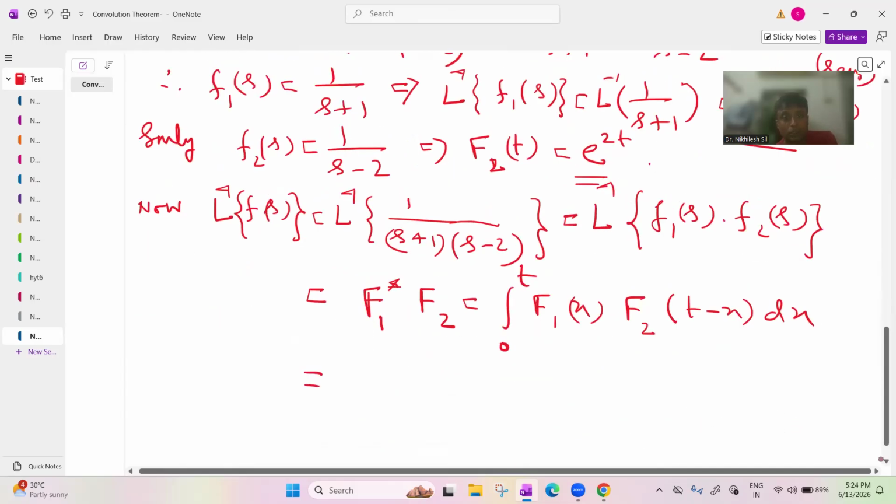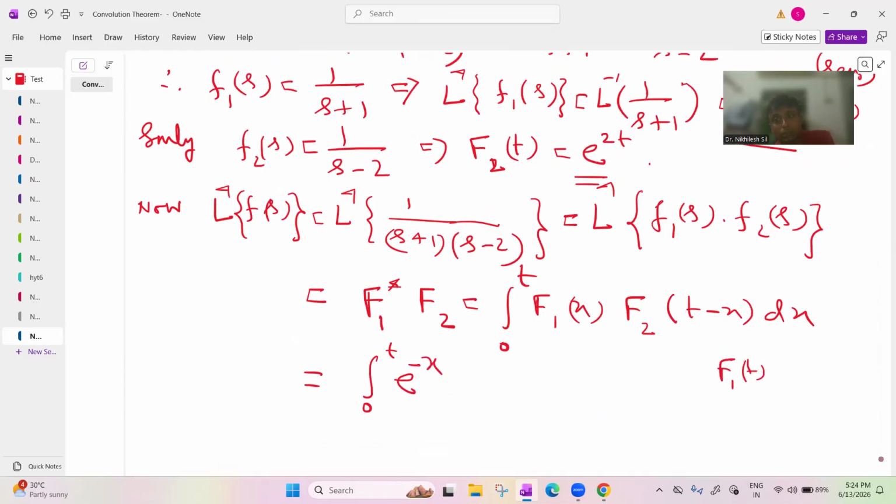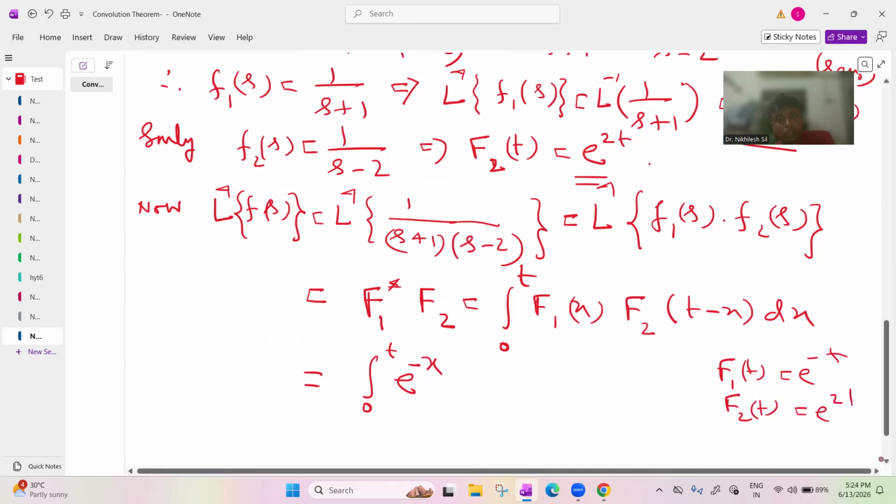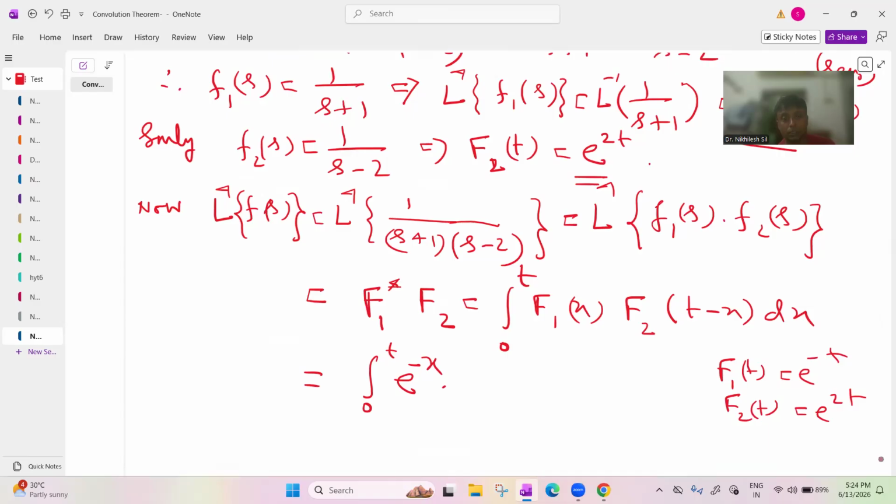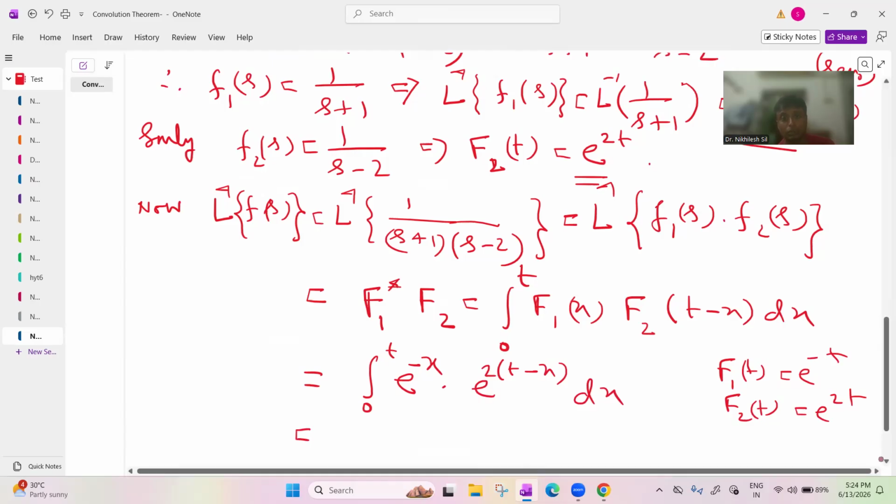So this is equal to integration 0 to t e to the power minus x, because f1(t) equal to e to the power minus t, and f2(t) equal to e to the power 2t. So e to the power minus x into f2(t minus x), that is e to the power 2 into (t minus x) dx. We can take e to the power 2t outside of the integration. e to the power 2t integration 0 to t e to the power minus x into e to the power minus 2x dx.